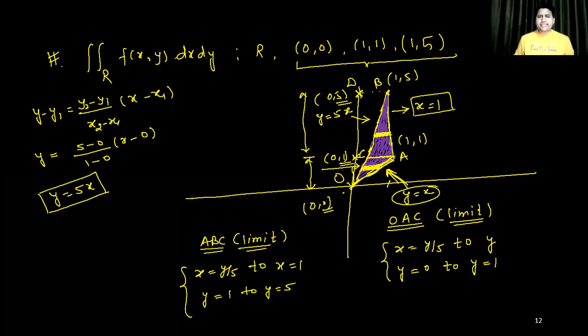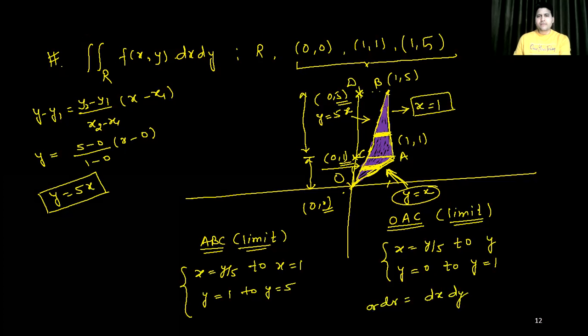Now put it in the integral. The order of the integral will be what? In both cases, dx dy, because we are taking a strip parallel to the x-axis. The integral which we are solving over R will break into two integrals.